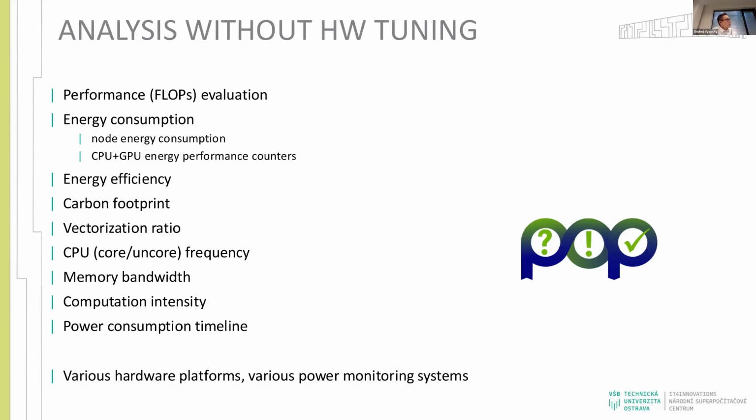The frequencies: at what frequency the application is really running, and whether the power capping system reduces the frequency or not. The memory bandwidth, computational intensity, so roughly the arithmetic intensity of the executed workload, and the power consumption timeline, so how the power consumption changes in time.